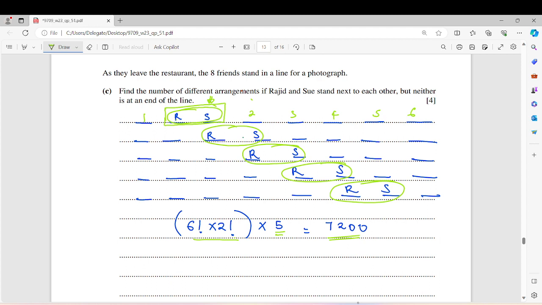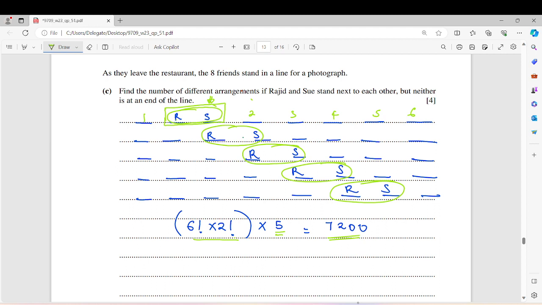Others try to use different forms of doing it, but look at different positions that can be occupied by them. There are 5 where they are at neither end. So if they are in the first position, which is the second and the third, you look at the way the rest can be arranged, and you've seen clearly that the rest will be arranged in 6 factorial ways.